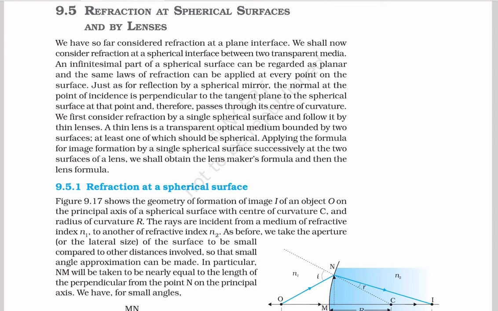In today's video lecture, we will be talking about refraction at spherical surfaces and refraction by lenses.